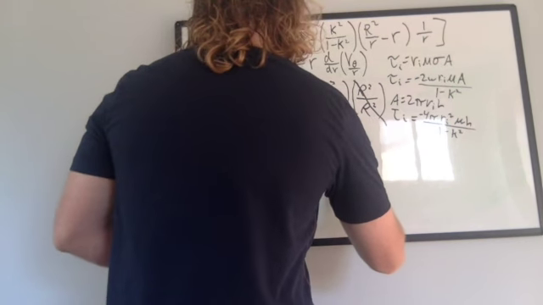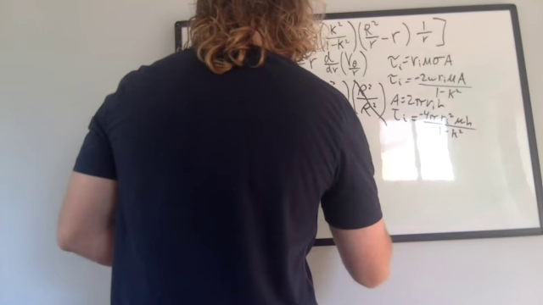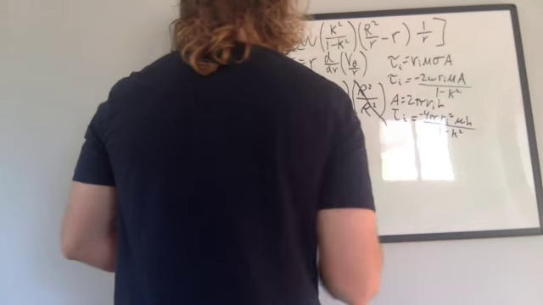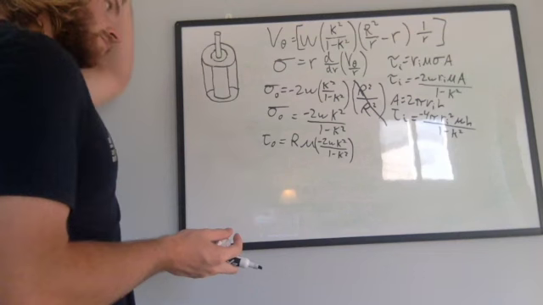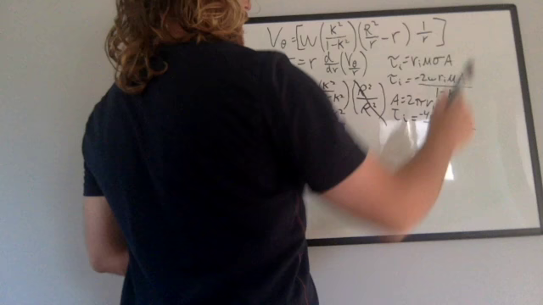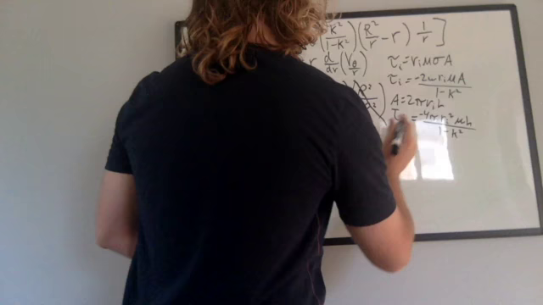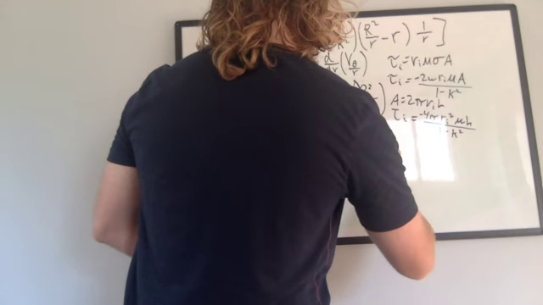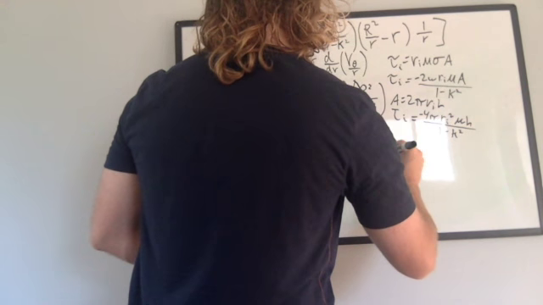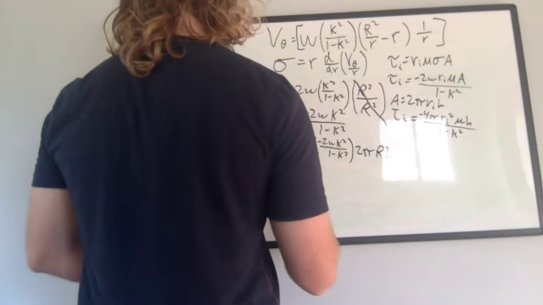This is going to be negative 2w k squared over 1 minus k squared, like so. And then, as you can see over here, our area is pretty much going to be the same as right here, except we're going to be using big R again. So it's going to be 2 pi times big RH. We'll go ahead and simplify this out a little bit, make it look cleaner.